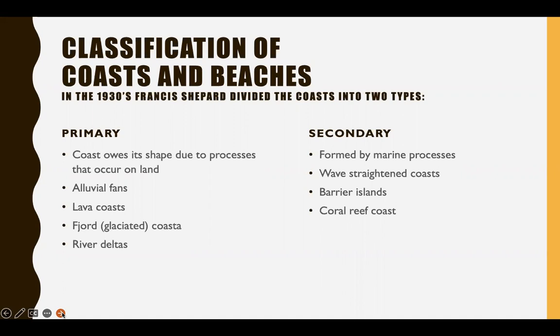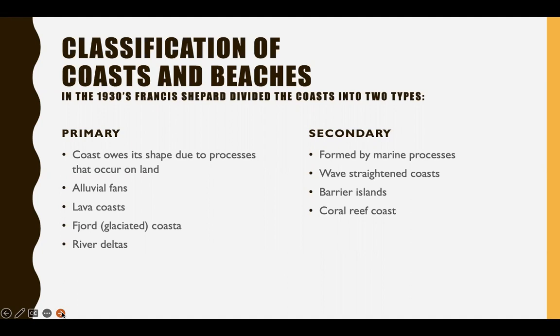So that's what an alluvial fan is. Lava coasts are something that you think of in Hawaii, where active lava is pouring into the ocean and becoming a bigger and bigger island. The fjords are up in the colder areas, where you're getting icebergs and whatnot. And then the river deltas, where you have really large rivers that go along the big coastline.